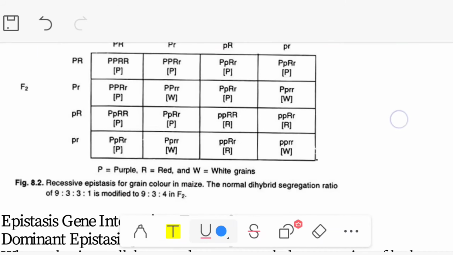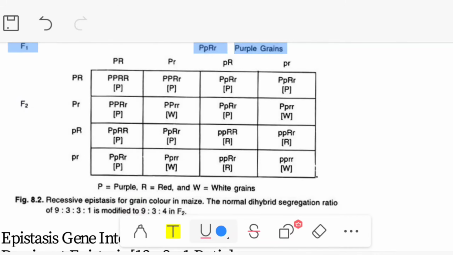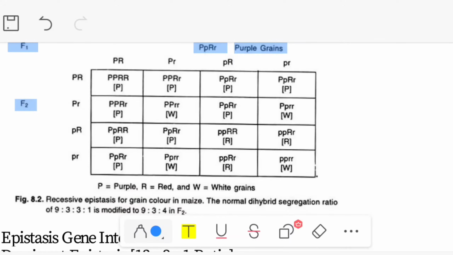In the F2, we will have 16 different results because of the Punnett square. The gametes obtained by selfing capital P, capital R, small r are these four: capital P, capital R; capital P, small r; small p, capital R; small p, small r.